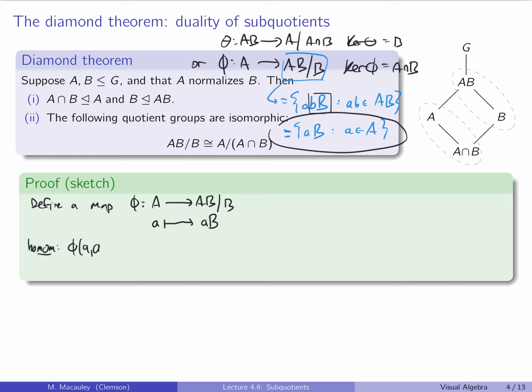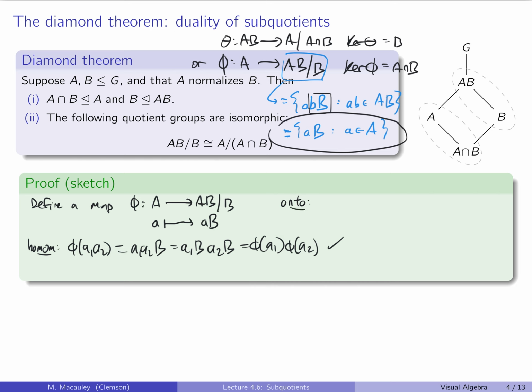Phi of A1 A2 is A1 A2 B, which by definition is A1B times A2B, which is phi of A1 times phi of A2. So that's why it's a homomorphism. Why is it onto? Let's do that right here.